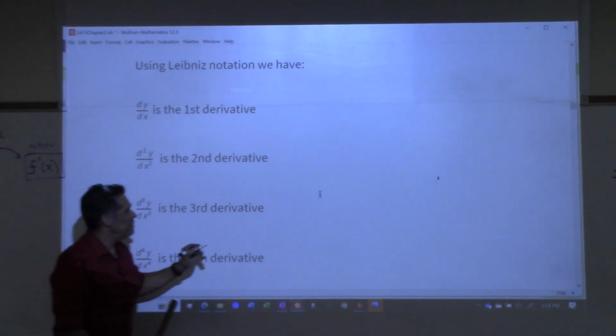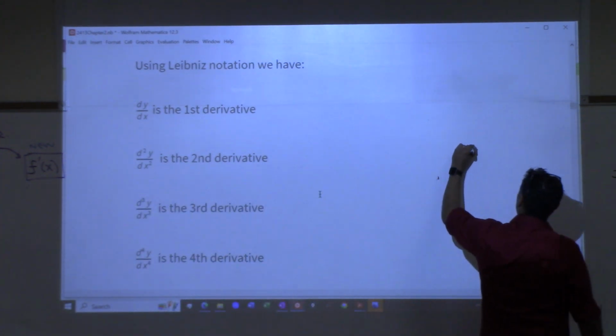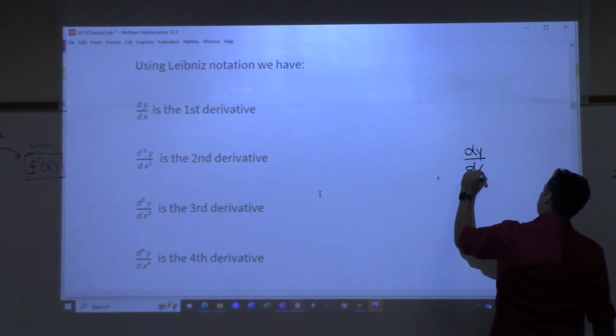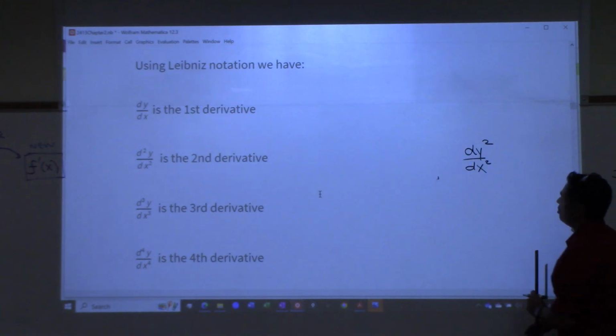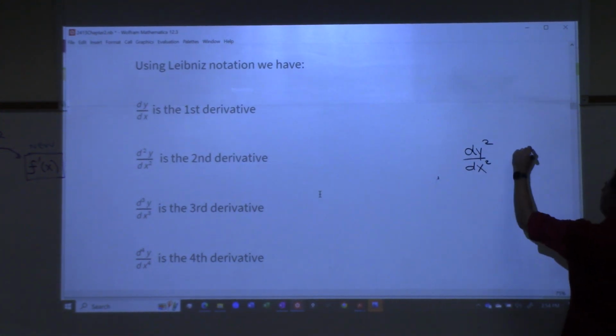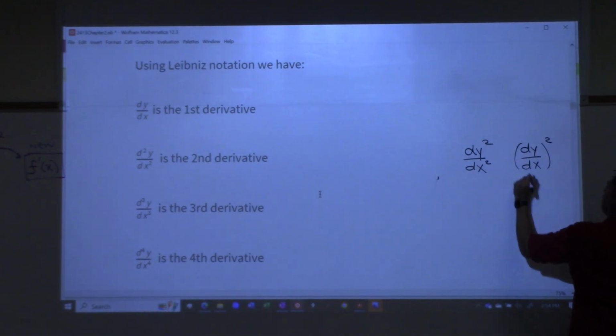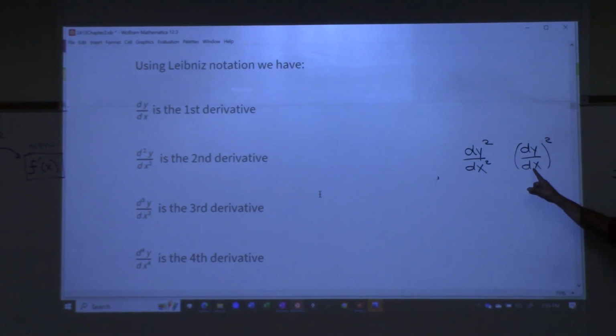The reason why they're offset is because Leibniz didn't want to write this down. He didn't want to put 2's on both, and he didn't want to do this either, because he was afraid if he wrote it this way, you would think you're doing what? Take the derivative and then square it, right? I think you could argue that that would be take the derivative, then square it.